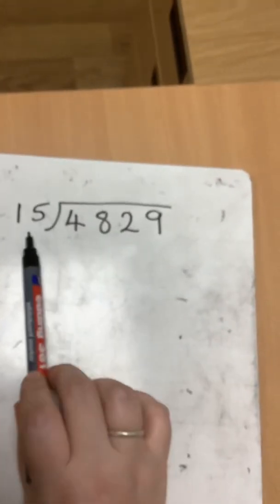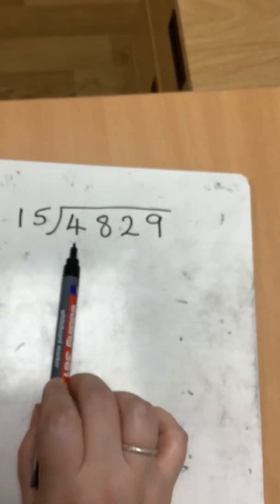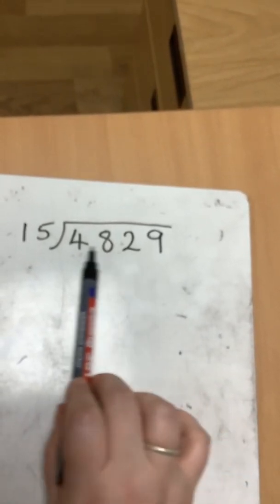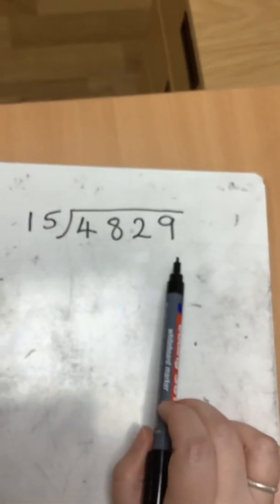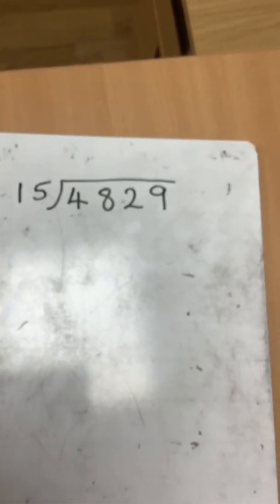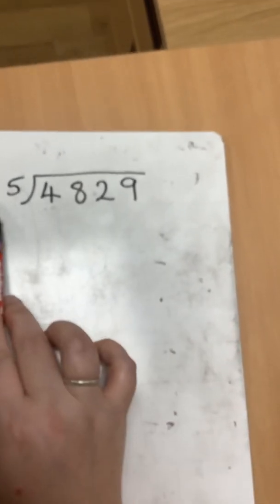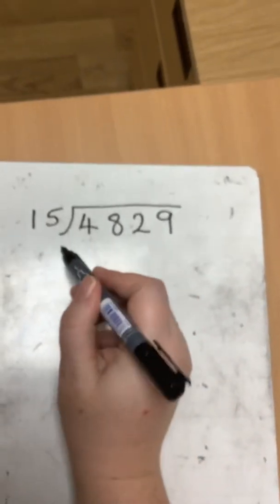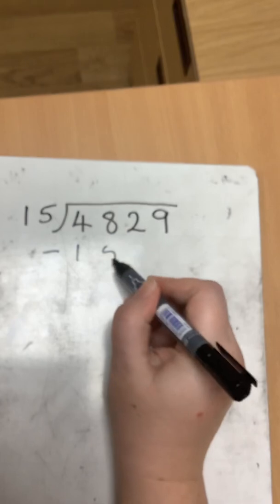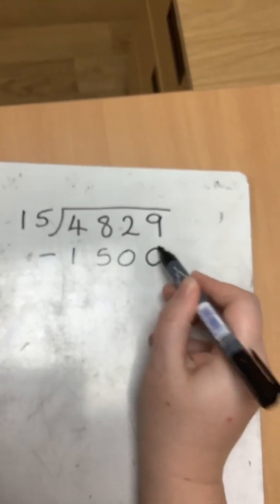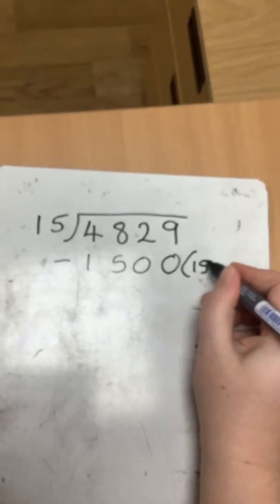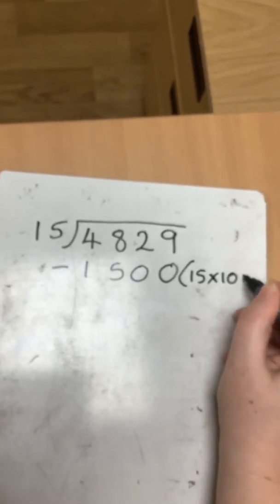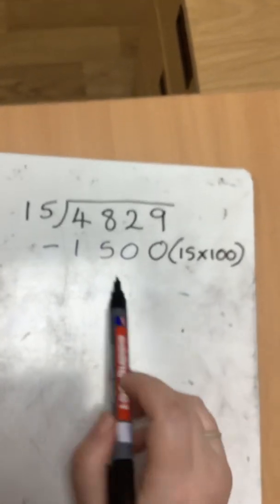So the numbers that I pick, I just have to make sure that I don't make the size that I'm going to subtract larger than the original number or the number that I want to subtract. So I'm going to start by subtracting 1,500. And the reason that I've picked that number is I know that 15 times 100 equals 1,500.